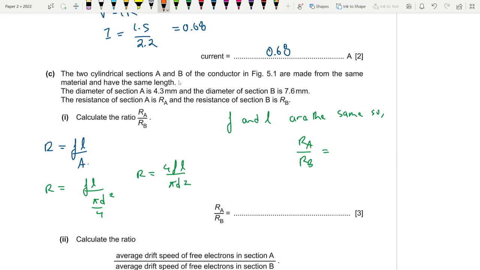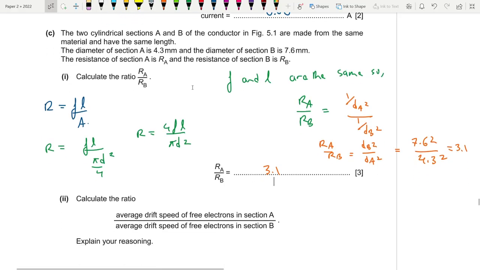So 4 rho L, we can get rid of those. We can also get rid of pi, right? So that's 1 by dA square divided by 1 by dB square. So after reciprocal, it's actually dB square divided by dA square, which ends up being 7.6 square divided by 4.3 square. It is 3.12. To 2SF it's 3.1.